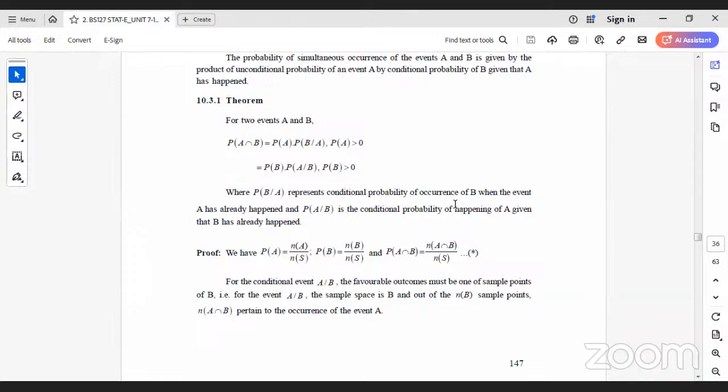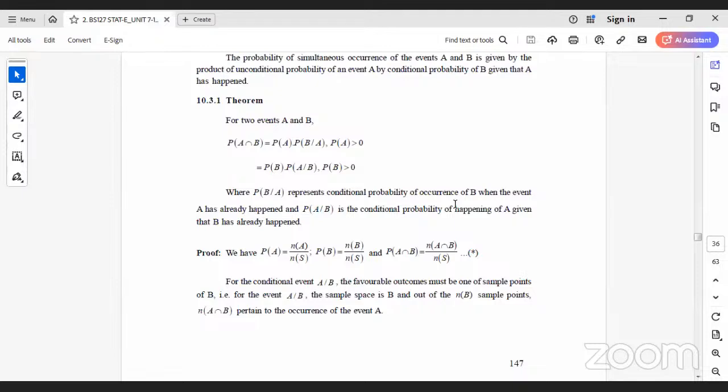Here P(B|A) represents the conditional probability of B when event A has already happened, and P(A|B) is the conditional probability of A given that B has already happened. P(A) is n(A)/n(S), P(B) is n(B)/n(S), and P(A ∩ B) is n(A ∩ B)/n(S).